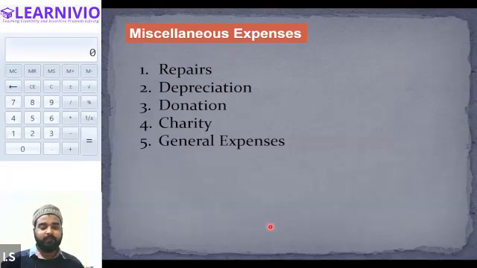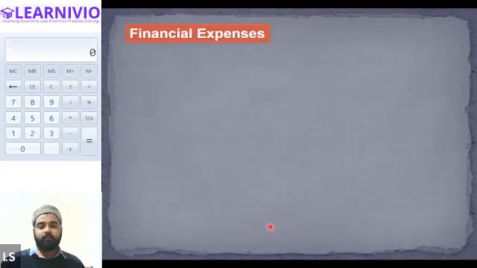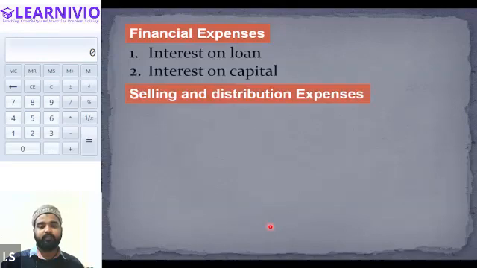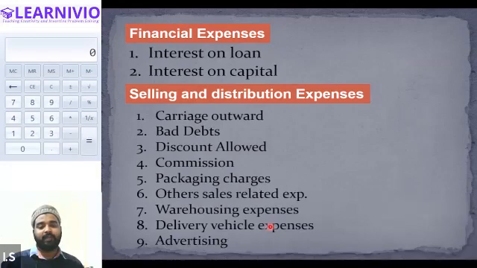You are especially not required to remember all these expenses item by item. Okay. Then financial expenses include interest on loan, interest on capital. Similarly, selling and distribution expenses may include carriage outward, bad debts, discount allowed, commission, packaging, and warehousing expense, delivery vehicle, advertising expense. All of these are sales related expenses.